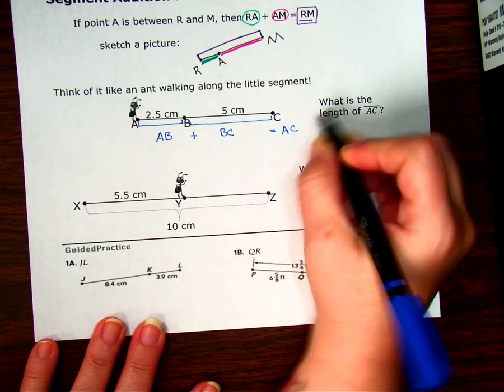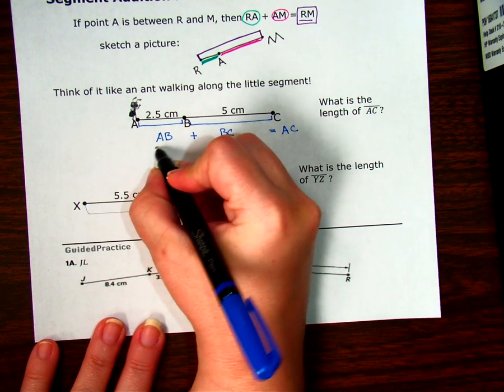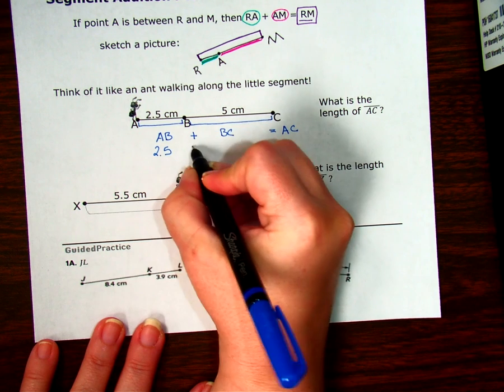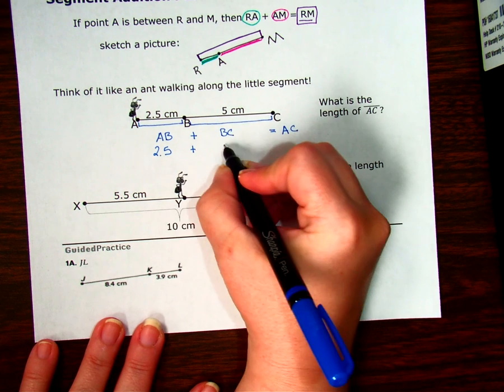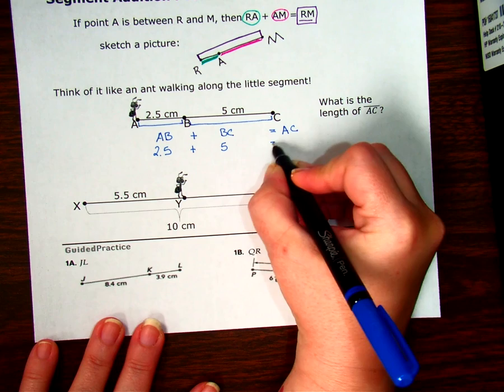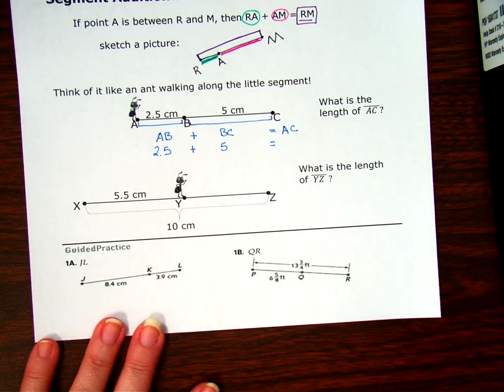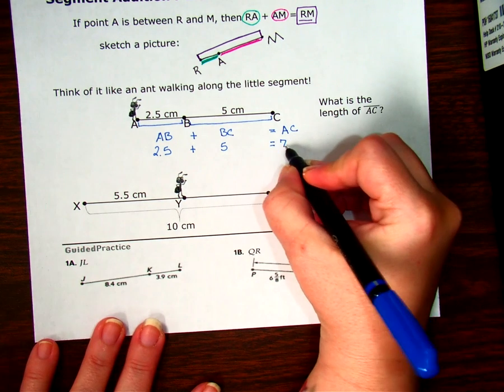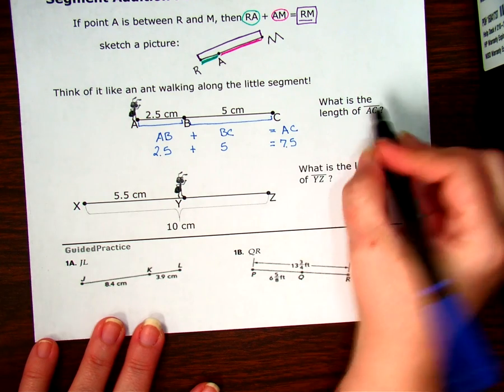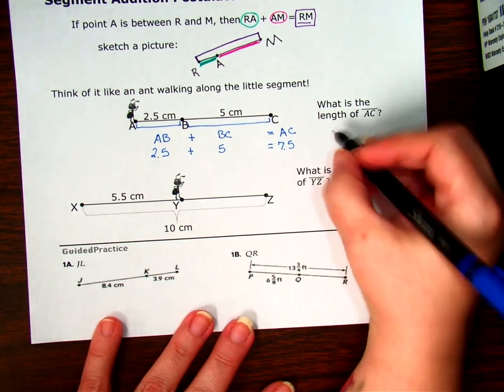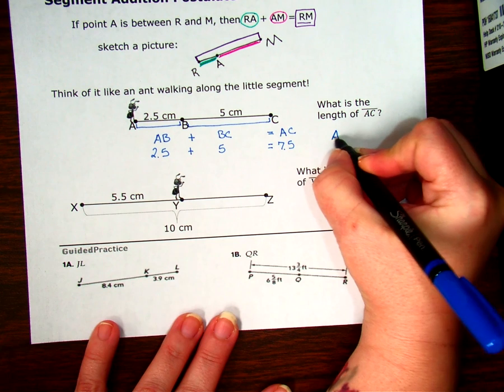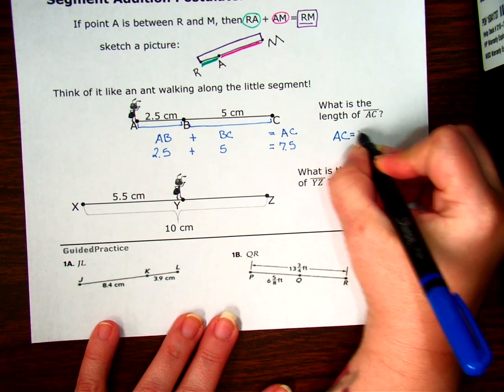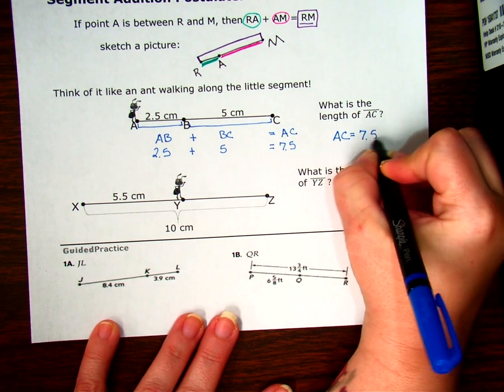So AB is 2.5 plus BC is 5 centimeters. So that's going to give me my whole length, which is 7.5. Okay, so when I come over here and I write my answer, I'm going to say that the distance from A to C is 7.5 centimeters.